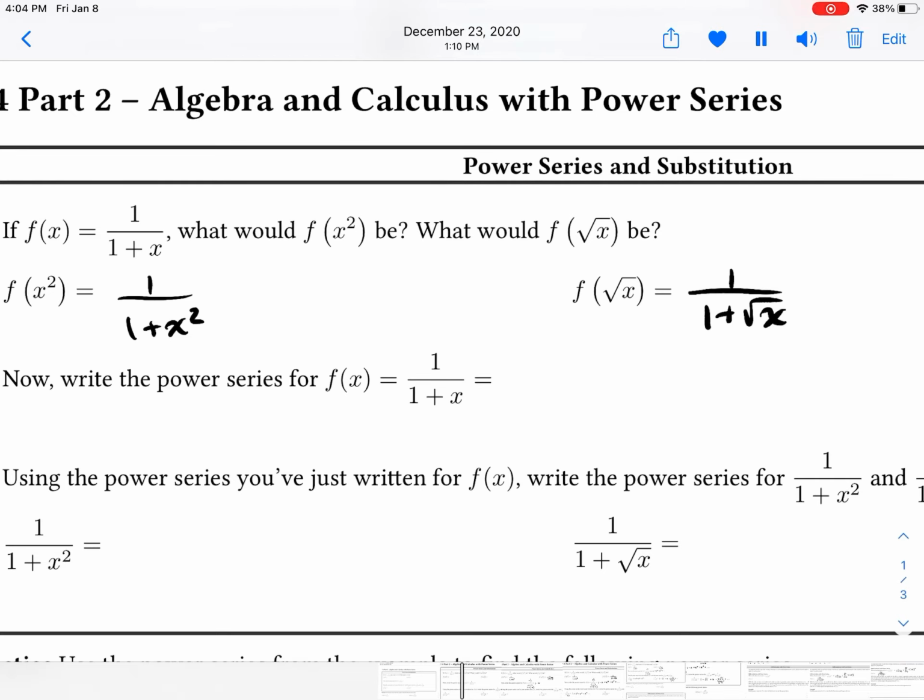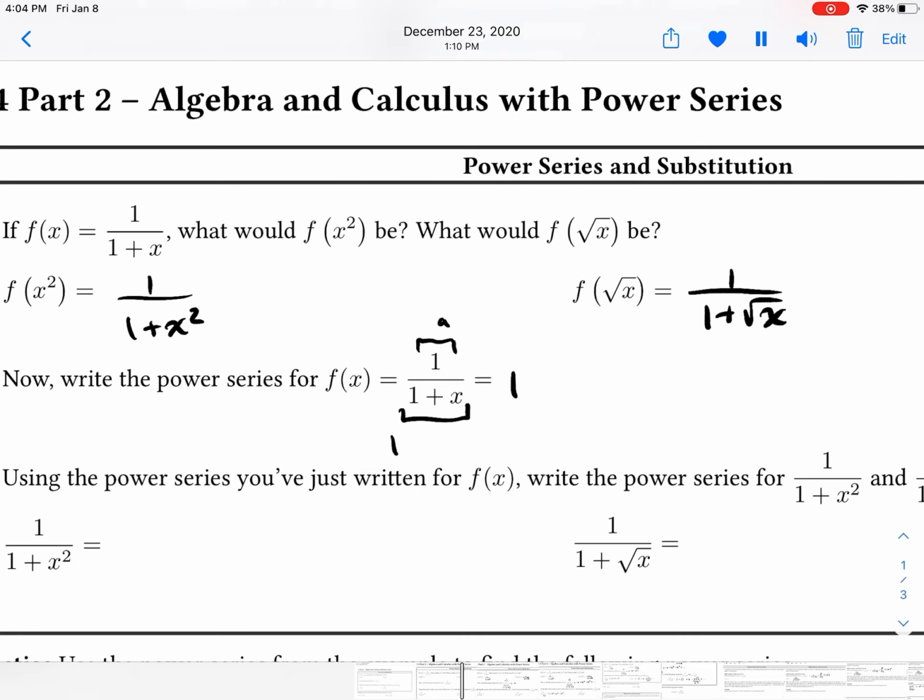So then if I ask you to write the power series for f of x, we know that since this here is our first term, a, and this here is our common ratio, r, we can then just write the following. I should be very clear, I apologize.